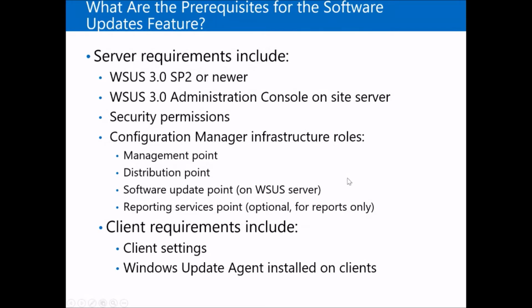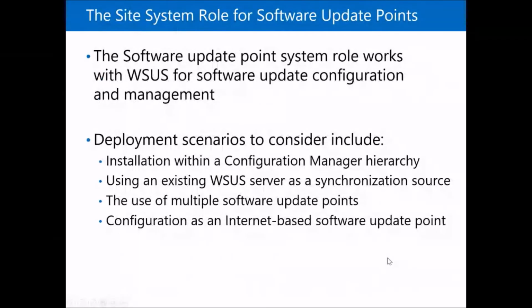And we need to configure the Configuration Manager infrastructure roles required: management point, distribution point, software update point on the WSUS server usually, and the reporting service point, which is optional, but it's for reports only. And the client requirements are that we need client settings and the Windows Update agent installed on the clients. Again, that agent is a little bit of software that's installed on the client operating systems.